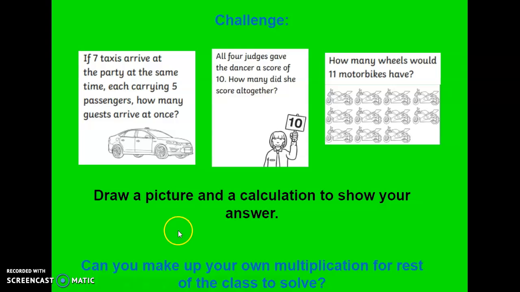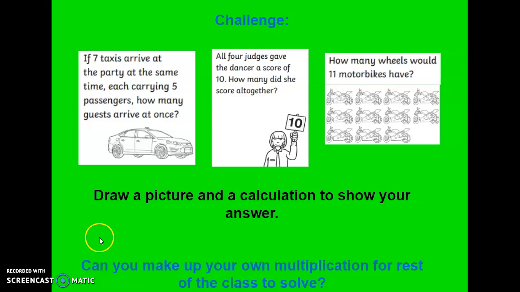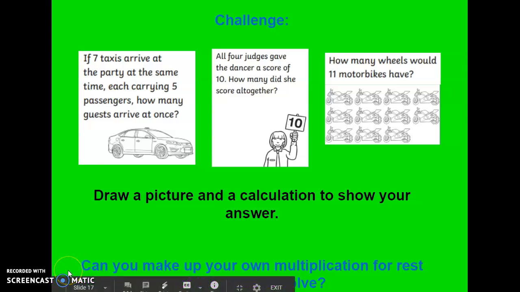And then your challenge today is to make up your own multiplication problem for the rest of the class to solve, okay? So can you think of your own problem that the class can solve? That would be really great if we could put some up on Google Classroom and see whether some other people could solve them, okay? So remember, today, when you're working out your answers, don't forget to draw pictures to help you work the math. Okay, good luck with your math.